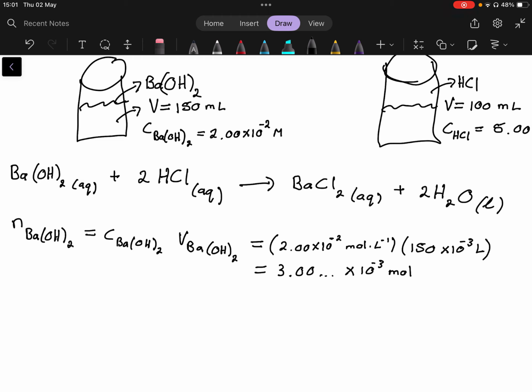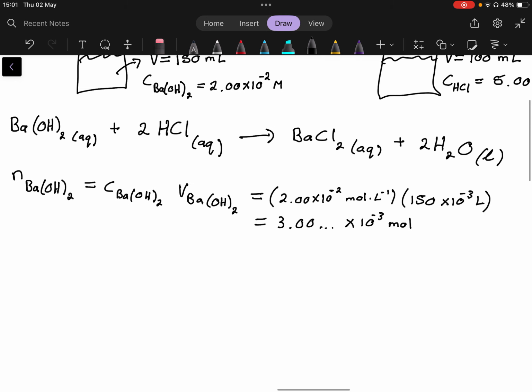That's our first step. So now we know how many moles of barium hydroxide we have. The next question is, how many moles of hydrochloric acid do we have? Again, it's the concentration of the solution of hydrochloric acid multiplied by the volume of the solution of hydrochloric acid.